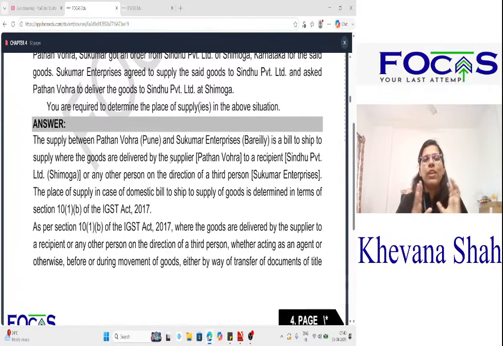Okay, so see, here also there is a supply between this Pathan of Pune and Sukumar Enterprises in Bareilly. This is again your bill to ship to model.